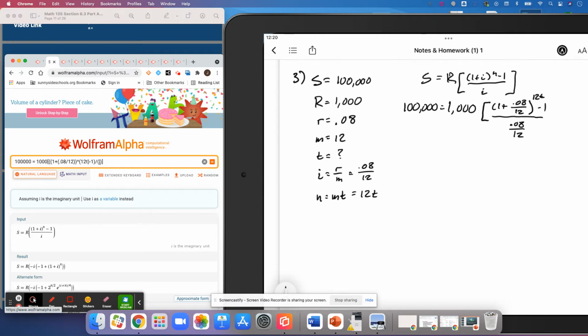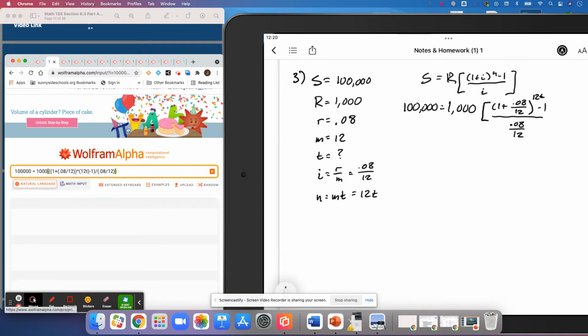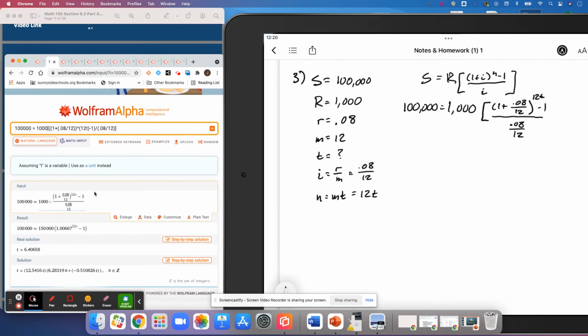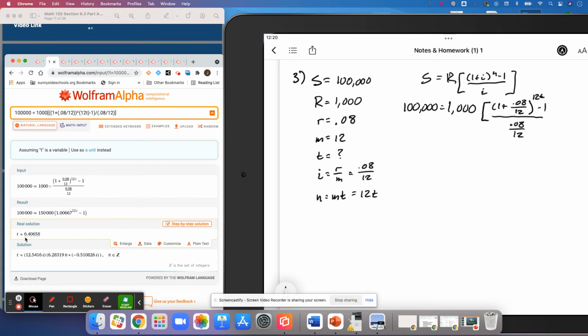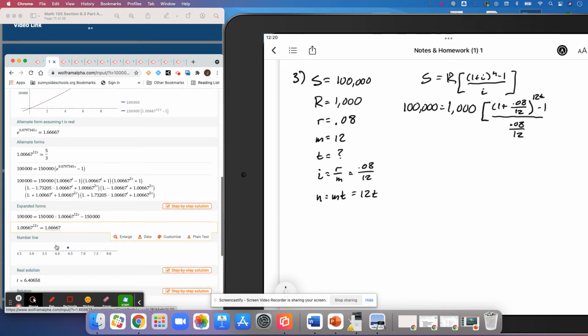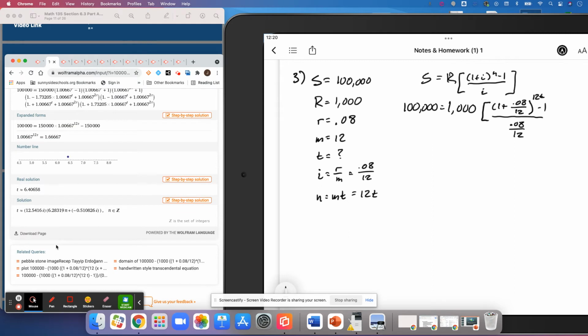And I may need to change that to an X later. We'll see if Wolfram likes it or not. 0.08 divided by 12. And Wolfram did like the T, so it gives us 6.4 years. So T is equal to 6.4.